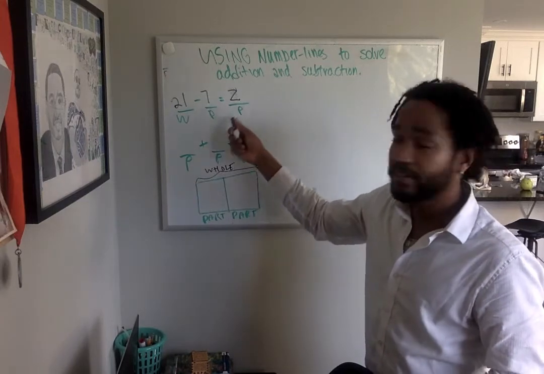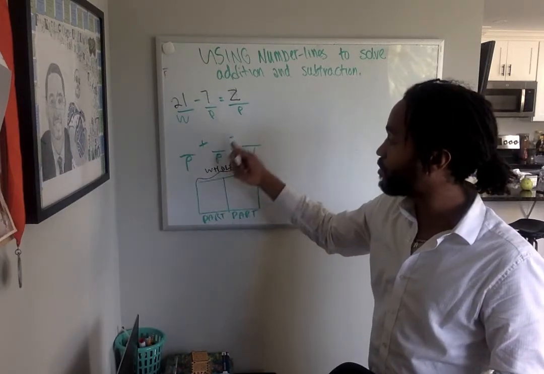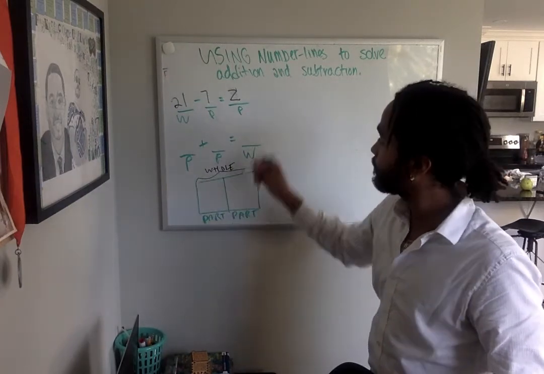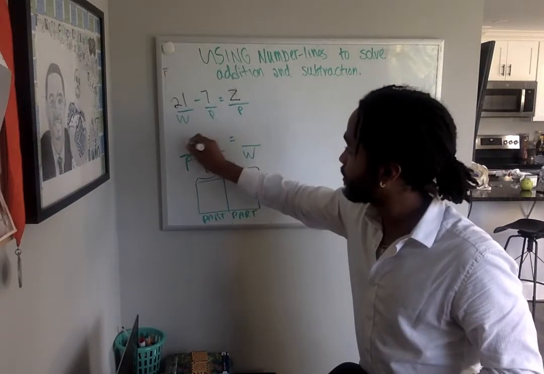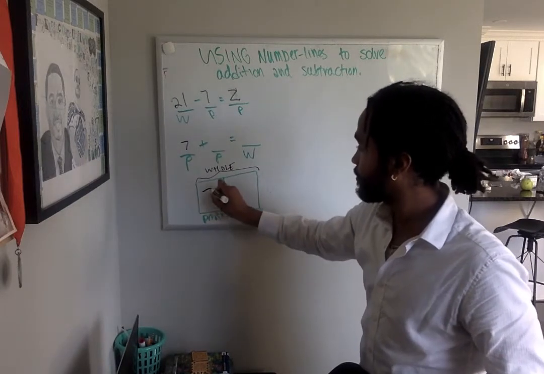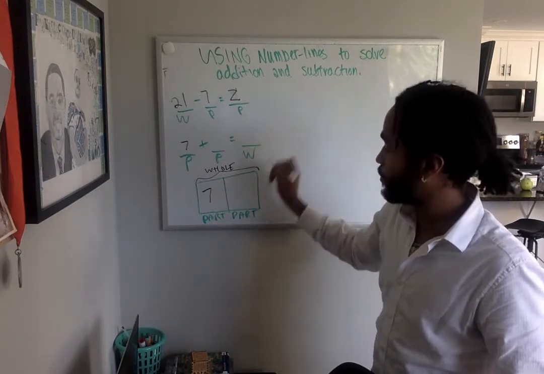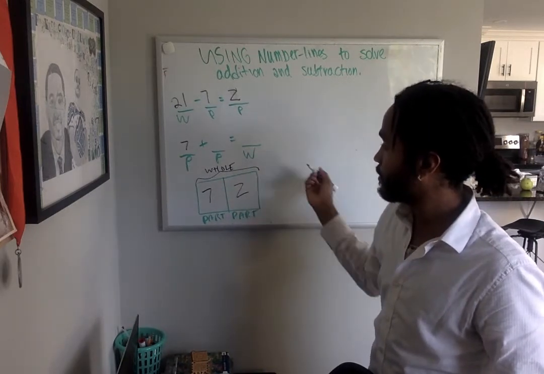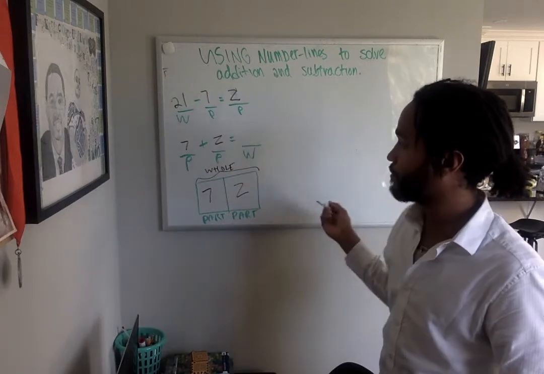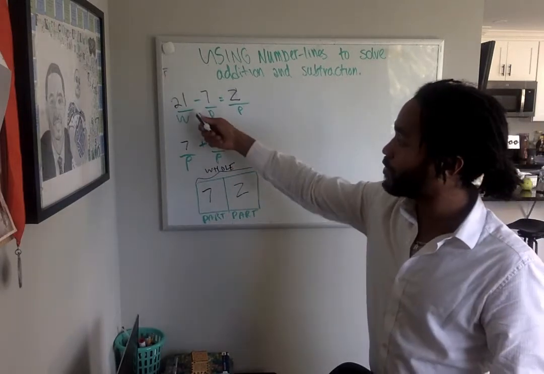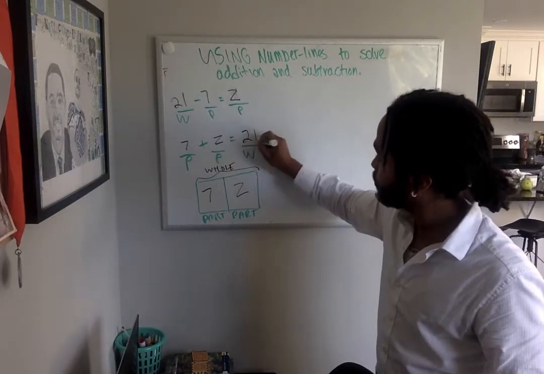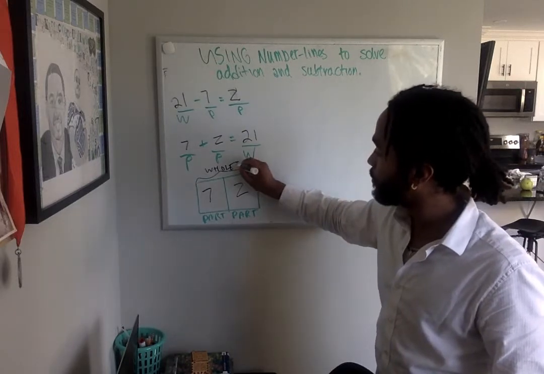Now, these numbers will still go into this addition equation. We know that 7 is a part, 7. We know that Z is the other part. We don't know what Z is yet. That's the other part, Z. And then we know the whole is 21. 21. So I'll put that right here.